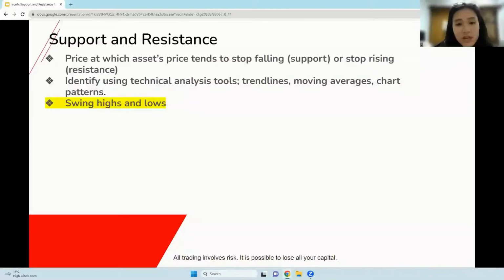Additionally, you can also look at previous highs and lows of the asset, as well as volume data to identify potential levels of support and resistance. So this is basically what we will be focusing on today. And it's important to note that these levels are not absolute and can change over time. So continuous monitoring is necessary.